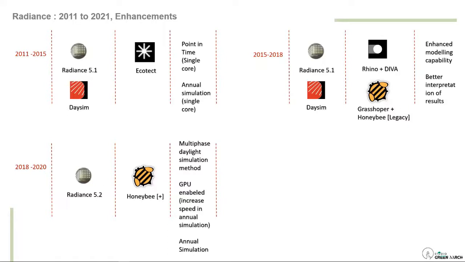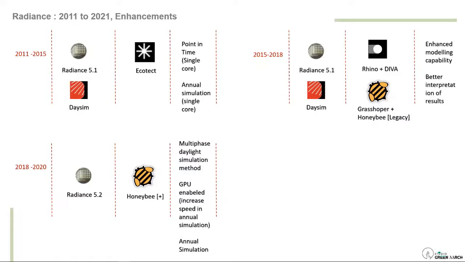And also there is a lot of technique and research going on into how to more accurately model and understand the modeling capability in Rhino, Grasshopper, and the use of the multi-phase daylight simulation method. When we are trying to understand a daylight simulation, we are using the two-phase method, like we are trying to trace light from the object to the sun. That is two-phase, from the object to the sun.